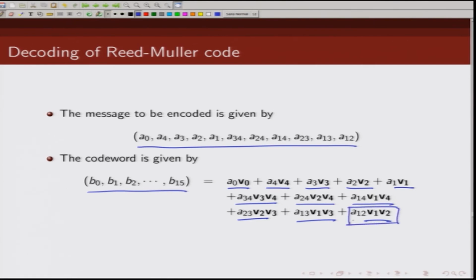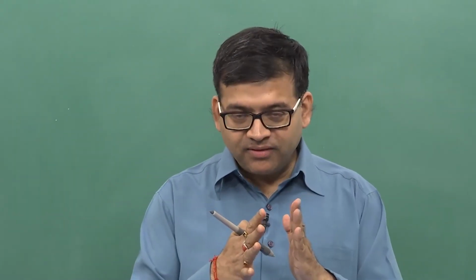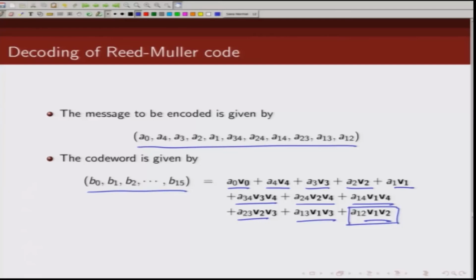So what we will do is, if we add up those first 4 elements, the contribution from all others will be 0, except because V1, V2 is non-zero. So, we will get contribution from what A12 is.